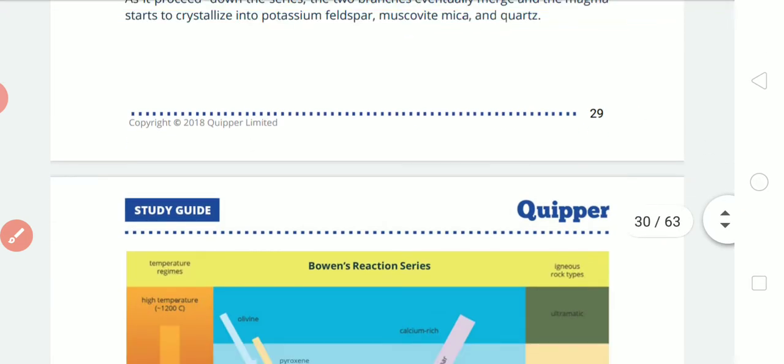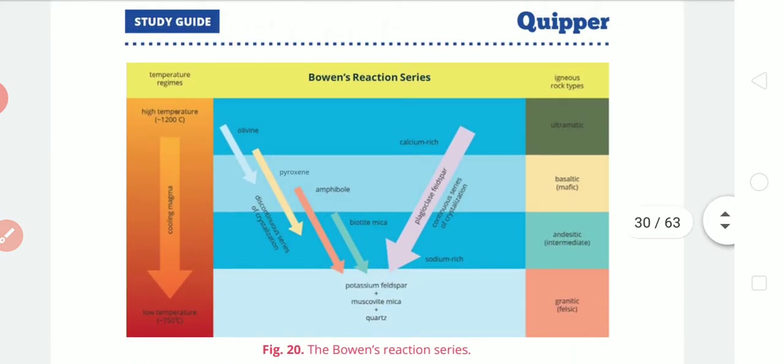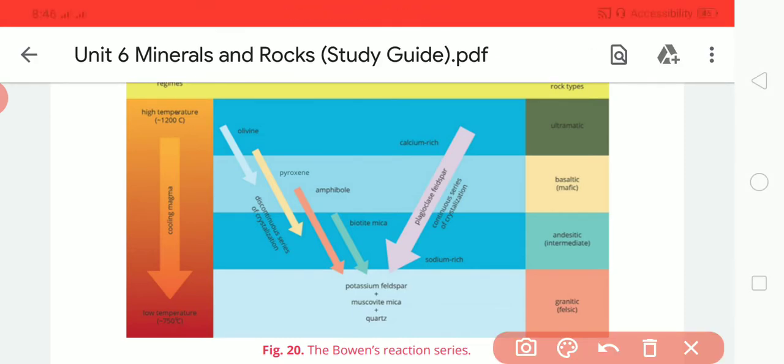Now to better understand Bowen's reaction series, let us consider this diagram. Here we can see the reaction series on the changes of the different types of minerals when it undergoes further cooling or when it is subjected to different temperatures.